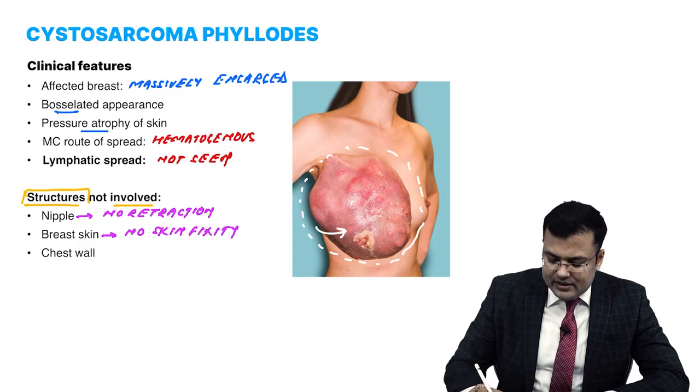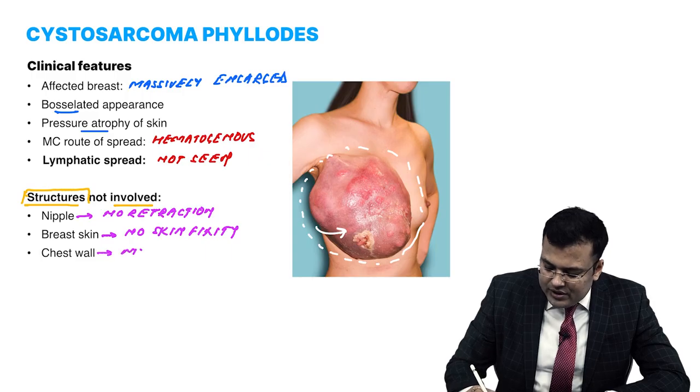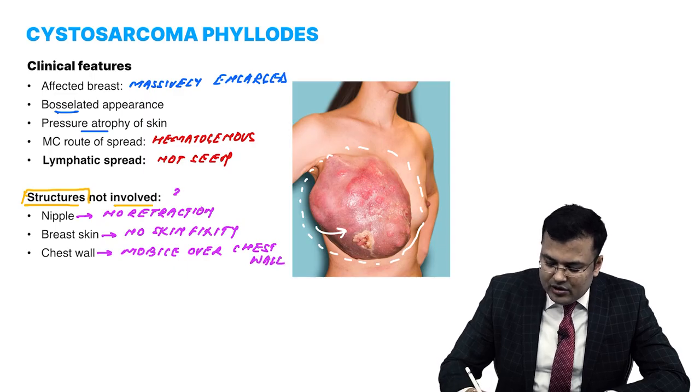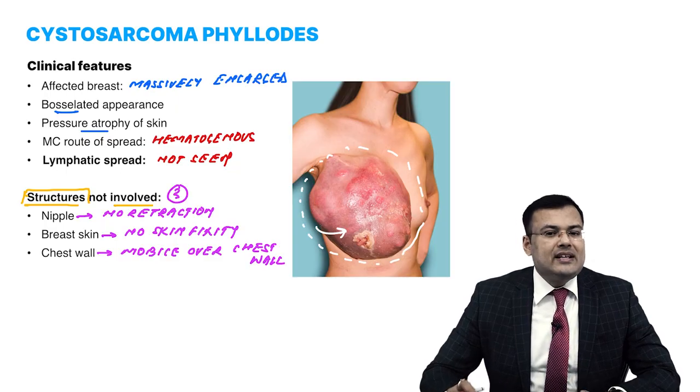Chest wall, again it's not involved, so the tumor is mobile over chest wall. Clear? So it is mobile over chest wall. Three characteristic features. These structures are not involved: nipple, breast skin and chest wall.